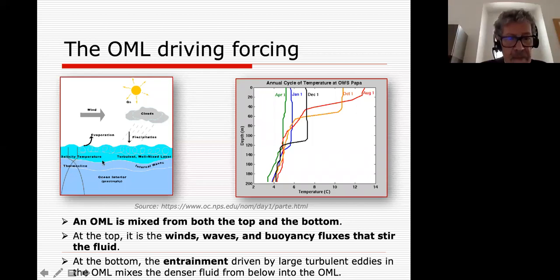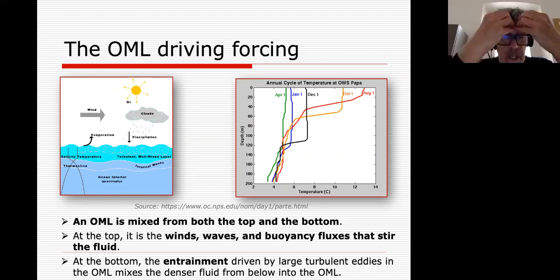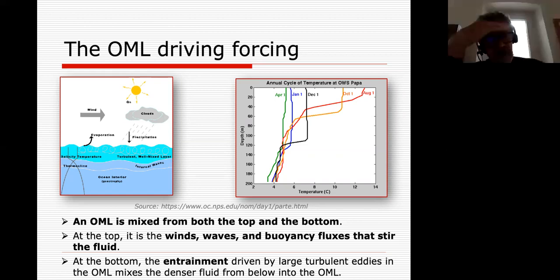At the bottom, we have a modulation of the interface, so the pycnocline can move because there are internal waves, waves that behave in the same way as the fast gravity waves that we can find in the upper part of the ocean. But here, the restoring force that governs the internal waves is the reduced gravity.